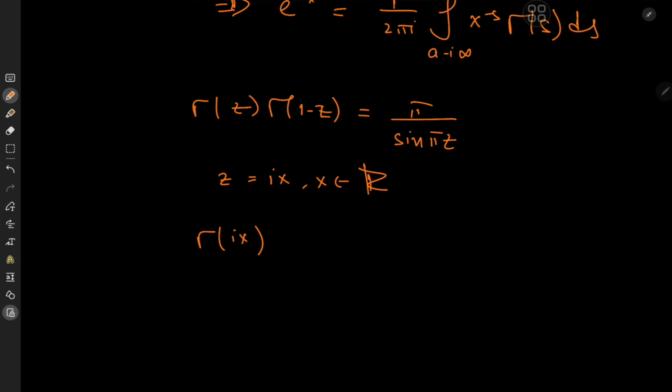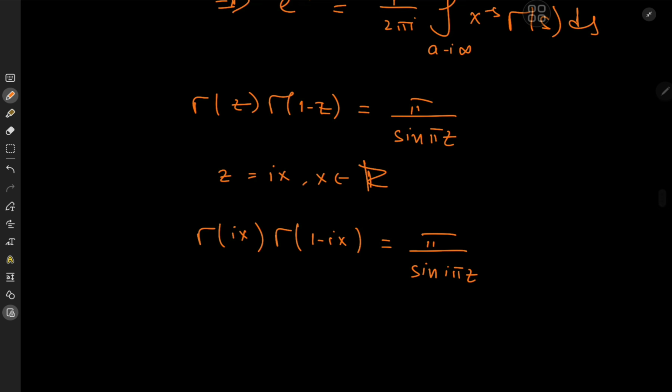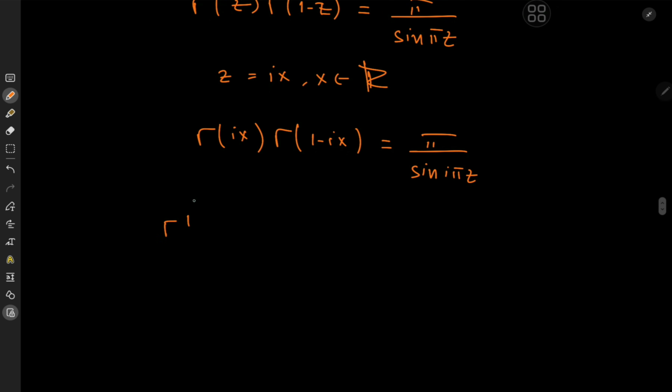So gamma ix times gamma 1 minus ix equals pi over sine of i pi x. Now, what exactly is gamma of 1 minus ix? By the recursion formula, this would be minus ix times gamma of minus ix. But minus ix is just the conjugate of ix.